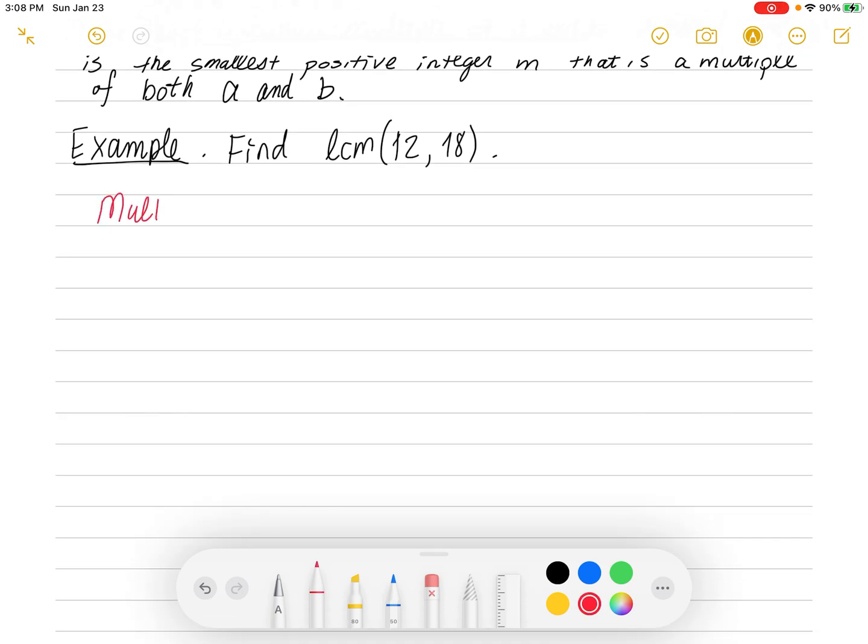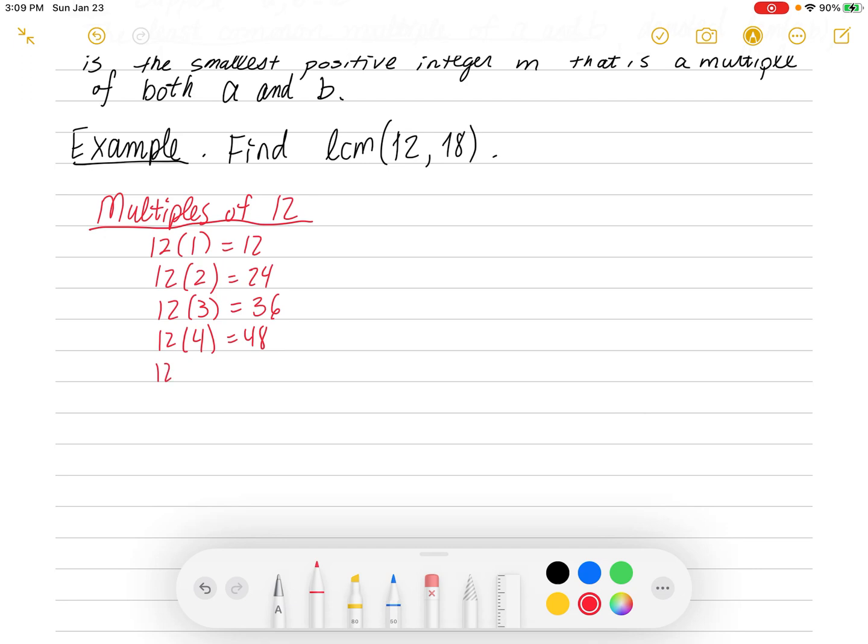We first consider different multiples of 12. 12 times 1, 12 times 2, 24, 12 times 3. Now we're only looking at positive multiples, 36, because remember the LCM is always a positive integer, so we only want to look at positive multiples. 12 times 4, 48, 12 times 5 is 60.